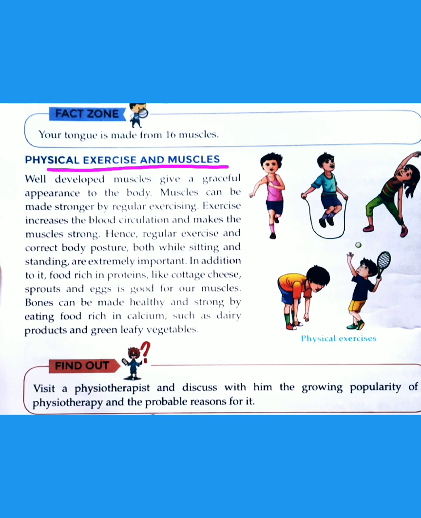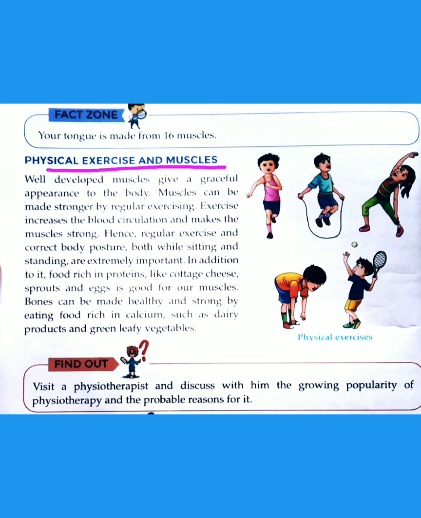Not only regular exercise, even correct body posture, that is how you are sitting or how you are standing or walking, everything is important. Even food rich in protein like cheese, sprouts, eggs is good for your muscles. You can also make your bones healthy and strong by eating food rich in calcium, such as dairy products and green leafy vegetables.